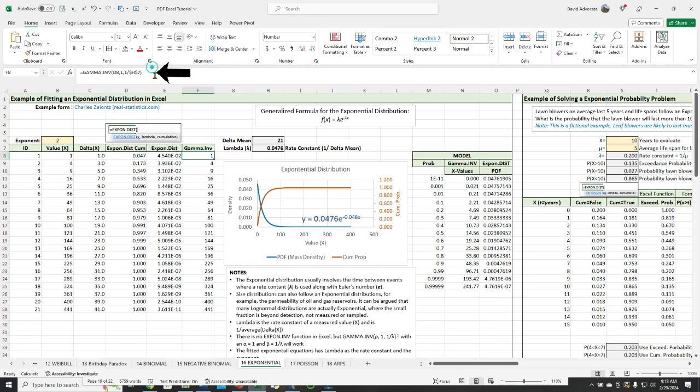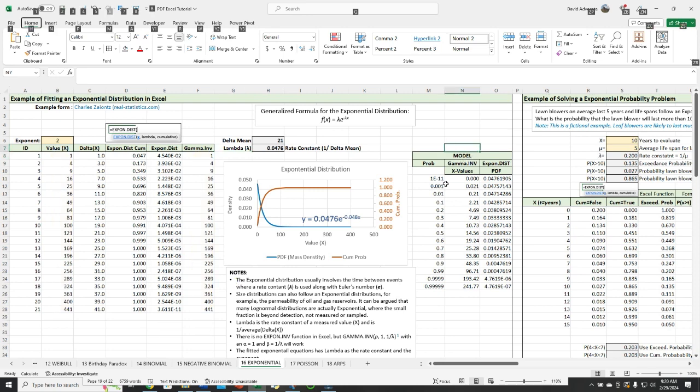And you can see here you just take the probability, and for your shape factor, you use 1 plus 1 over the rate constant. And if you compare this column to our x values, you'll see that we recalculated them.